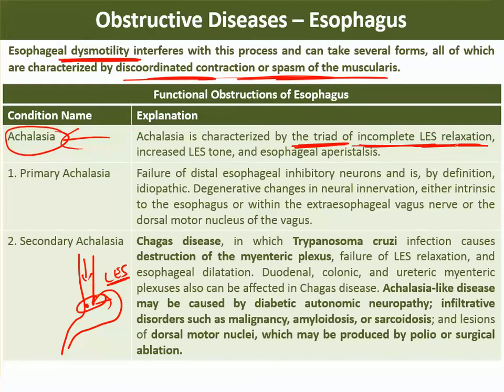So, three things they have. One is incomplete LES, lower esophageal sphincter relaxation, and another one is increased lower esophageal tone. In tone means, for example, I am holding this pen very tight. These muscles are contracting. Understand?